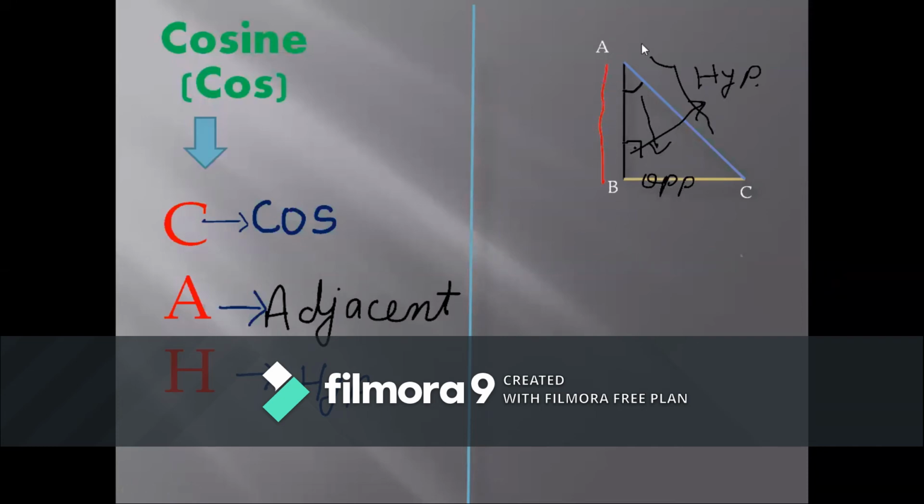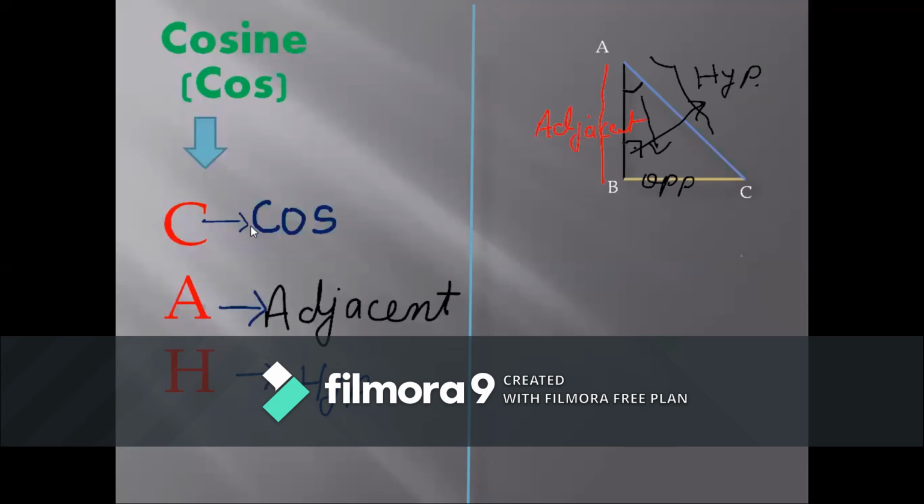From vertex A, there are two connecting sides, AC and AB. The largest is the hypotenuse, so the remaining side will be our adjacent side. As I told you earlier, adjacent means neighboring, padosi. So this one is the adjacent.